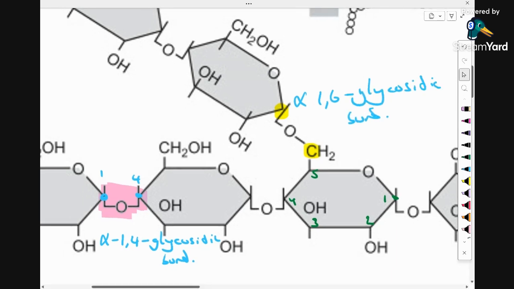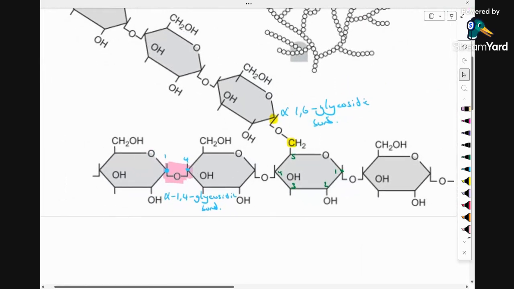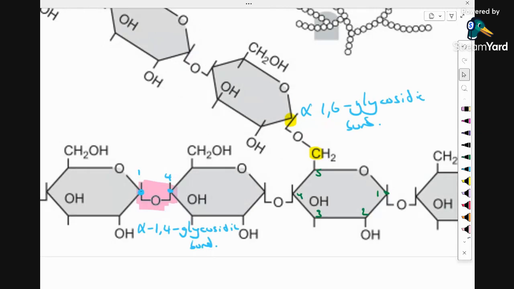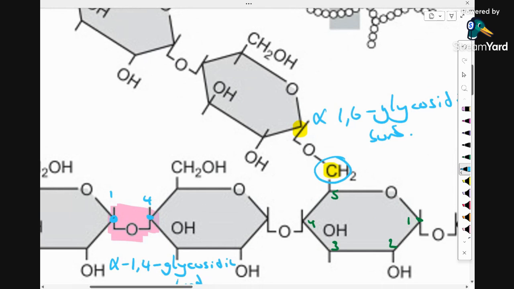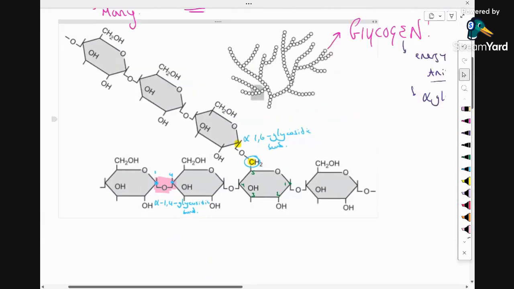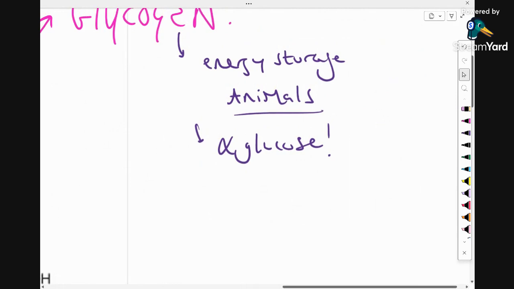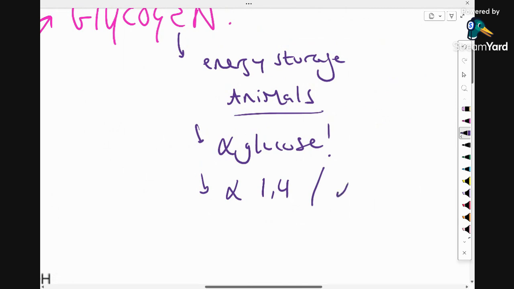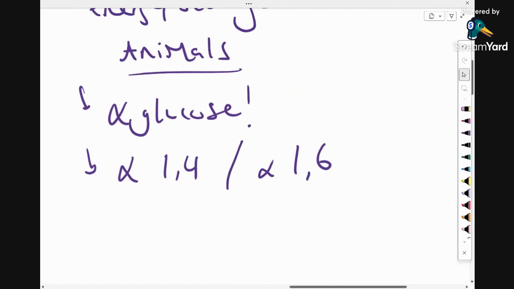So not only can we stick glucose molecules together in a linear chain by using 1,4 glycosidic bonds, we can stick them together and branch off other molecules by utilizing the 6th carbon, forming alpha 1,6 glycosidic bonds. So we form both. Make sure that that's clear. We have alpha 1,4 and alpha 1,6 glycosidic bonds.